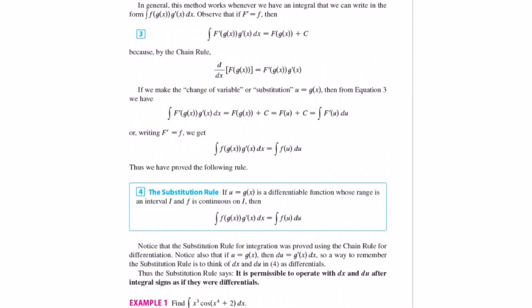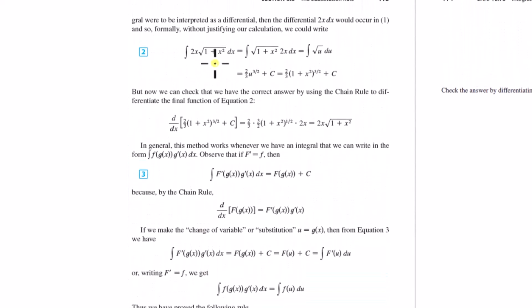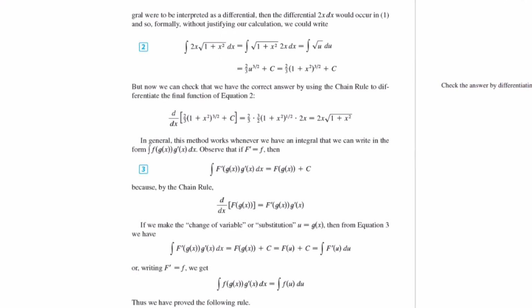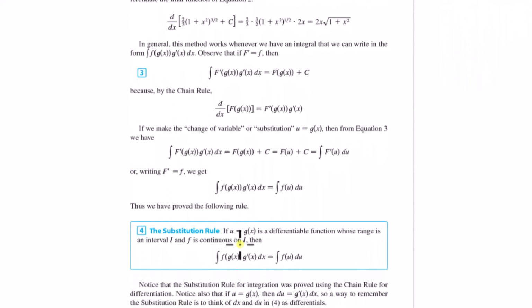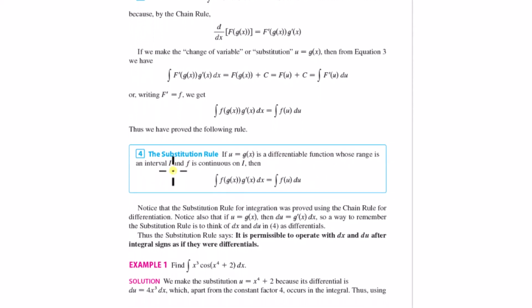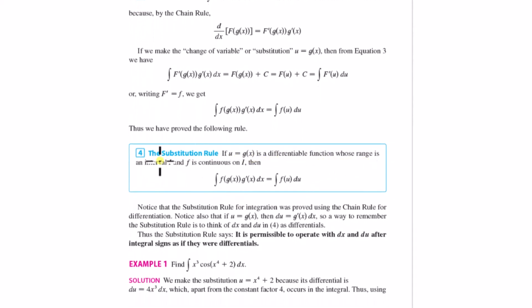If we come back here, if we substitute u equal to 1 plus x squared, you can't have an interval for u that violates the domain of the square root. This is technical math talk, saying that it's a differentiable function whose range is an interval I and f is continuous on that range.